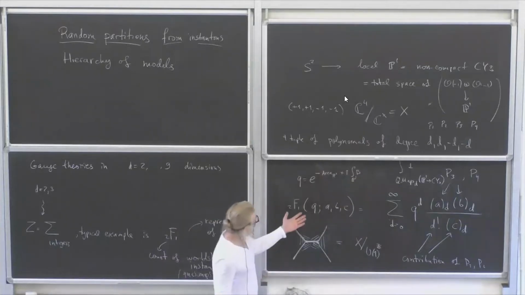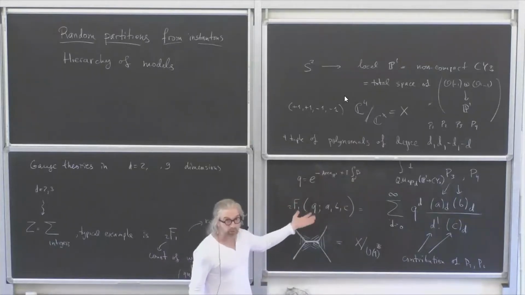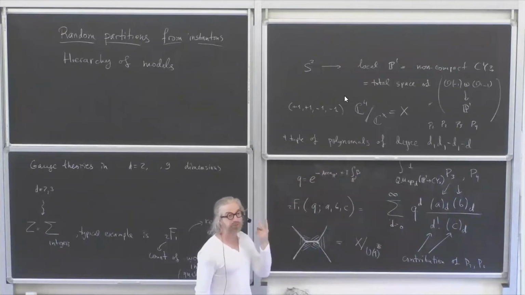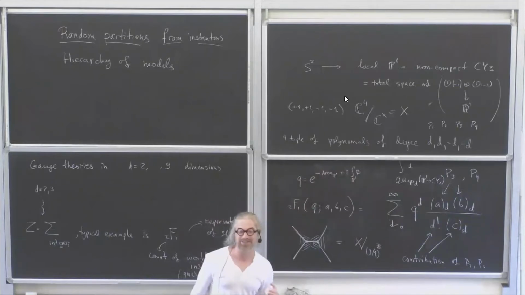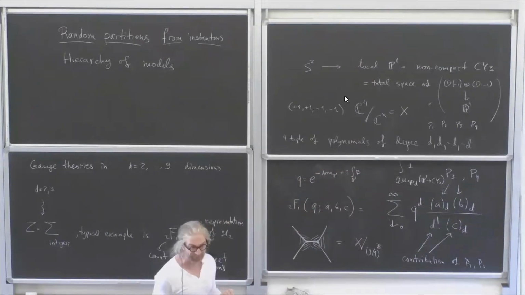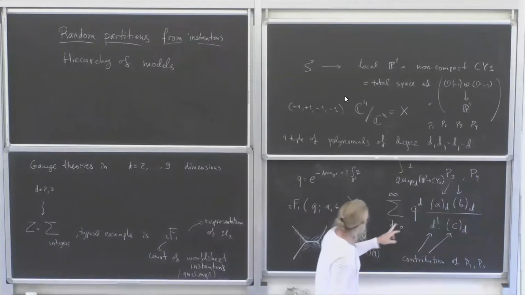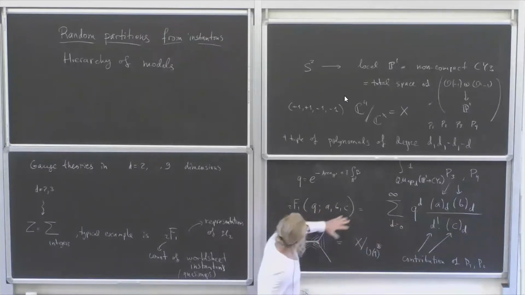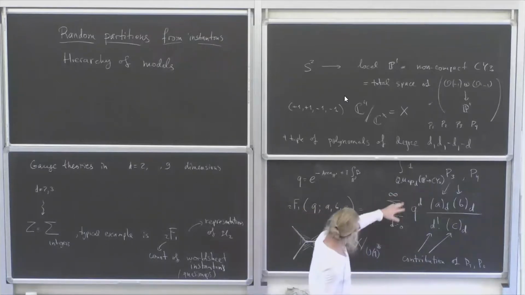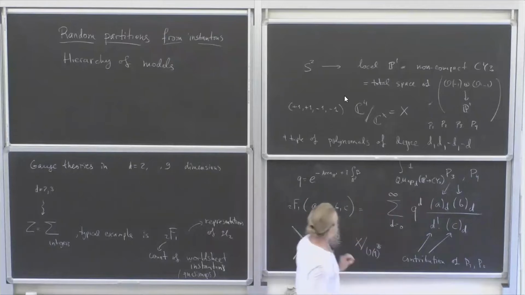Now, the hypergeometric function, as we know, is not really a function. It's actually valued in a two-dimensional vector space. So in defining this space of maps, I should be more careful.